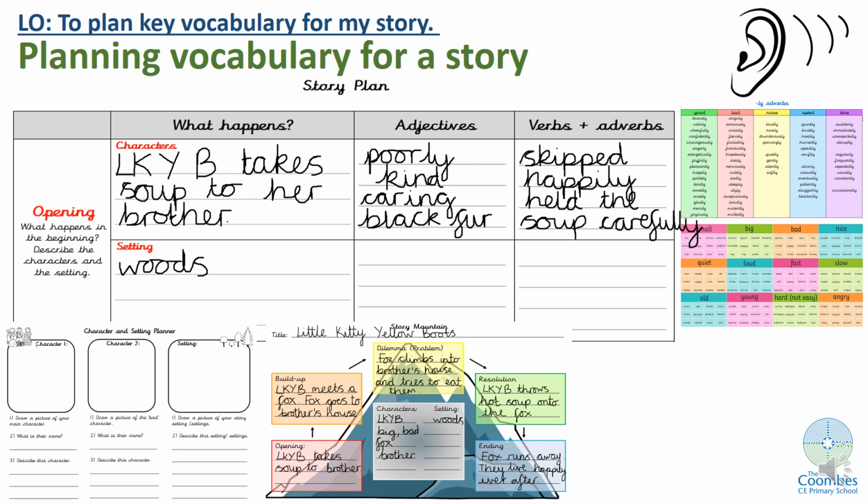There could be some tall trees. I could think about the ground. Was the ground hard? Was it muddy? Was it dusty? I'm going to go for the muddy ground.